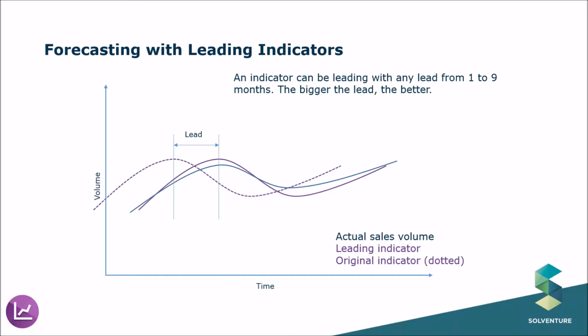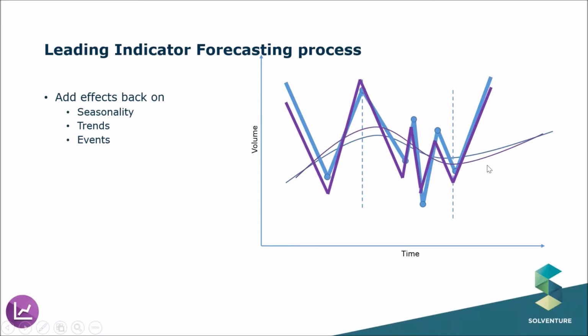Once we have found that leading indicator, we will use that indicator to make a forecast going forward. And of course, the forecast we make is, you could say, a trend forecast, to which we need to add back the seasonality. So I made a trend forecast. I know in August I will sell less because every year my customers are closing down.